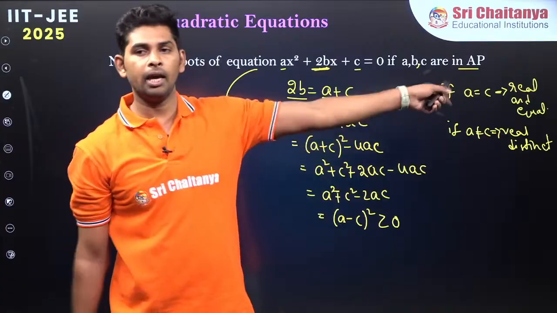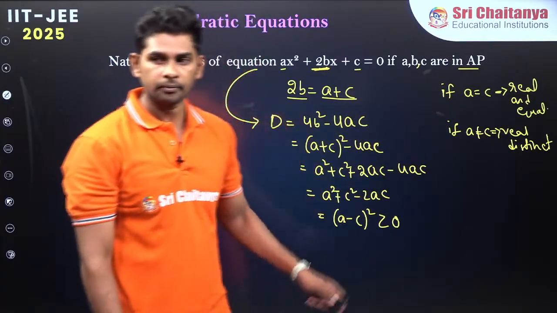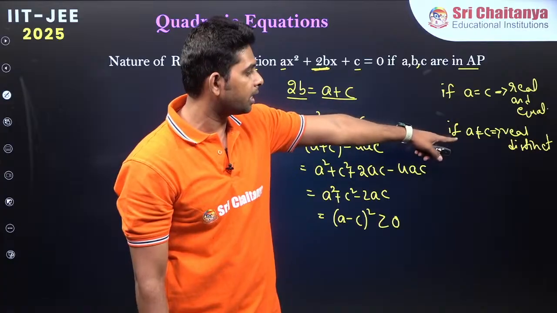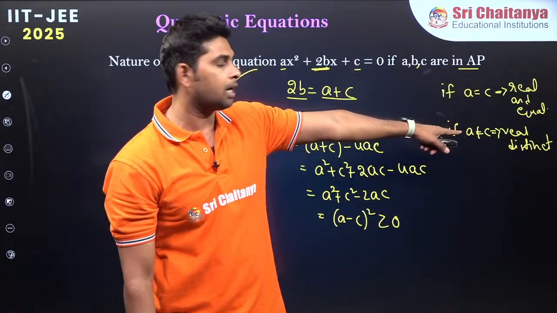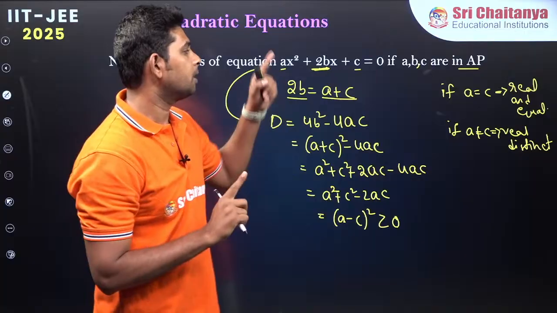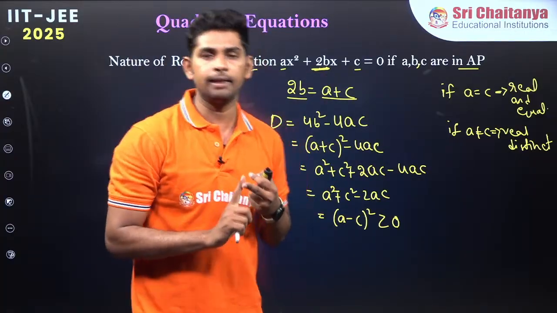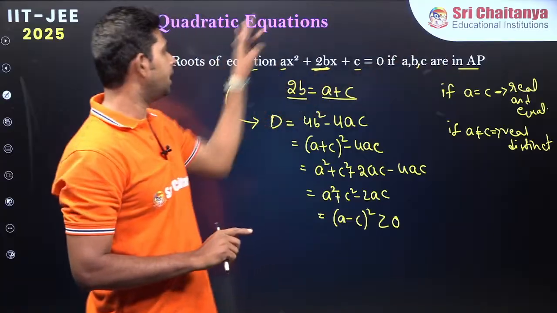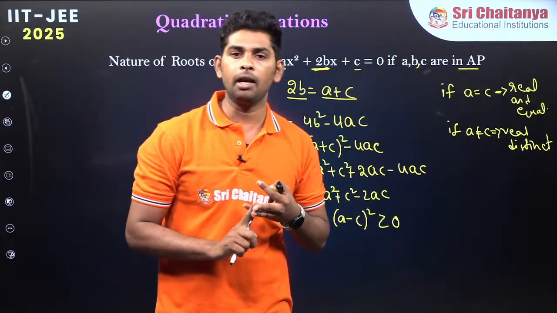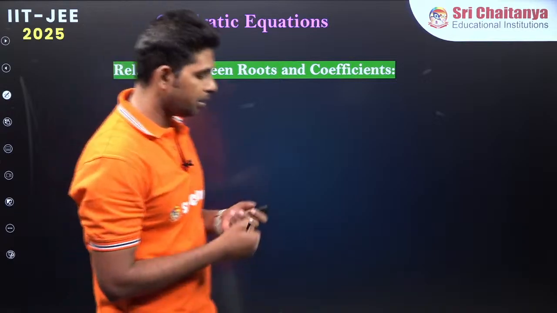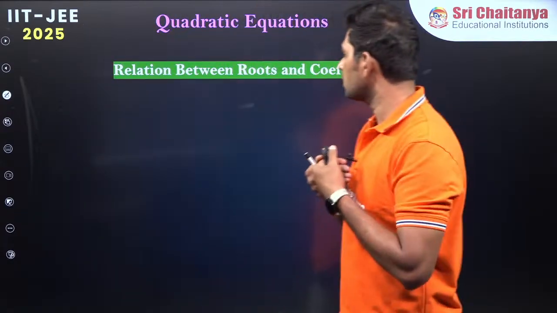Now a equals c is one condition, and a not equal to c is another condition. But in both cases one thing we can confirm, that the roots are always real, they are not imaginary. So by using AP also we can find the nature of the roots of any given equation.